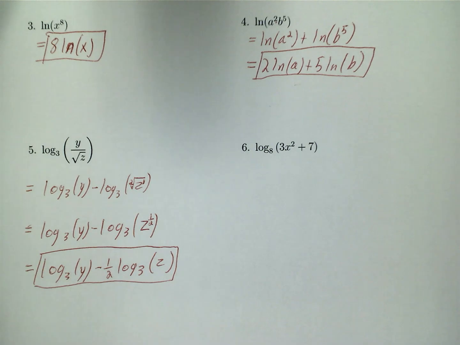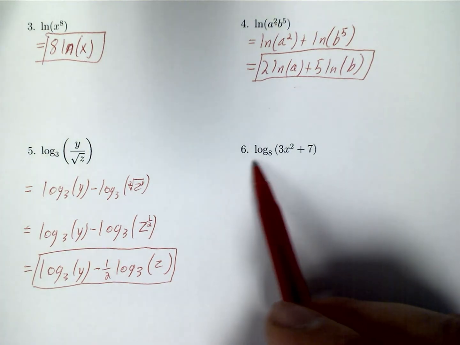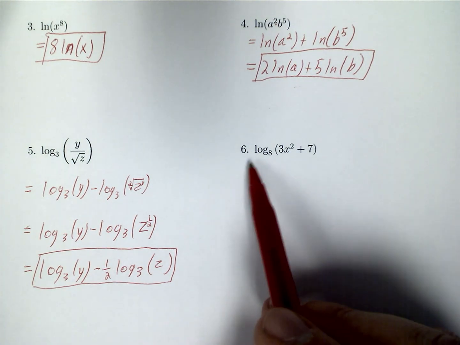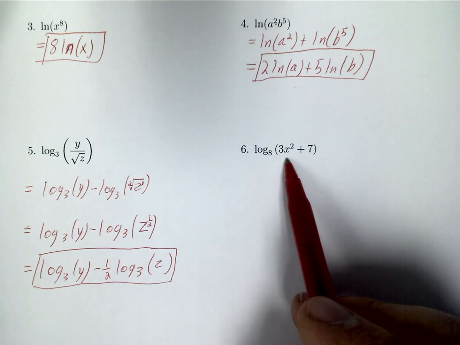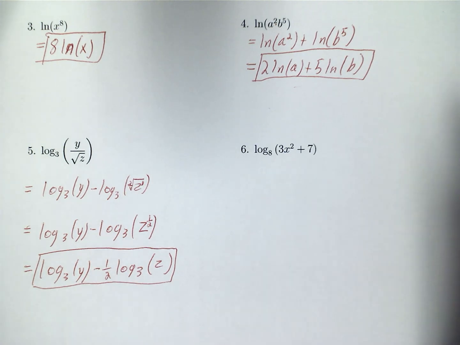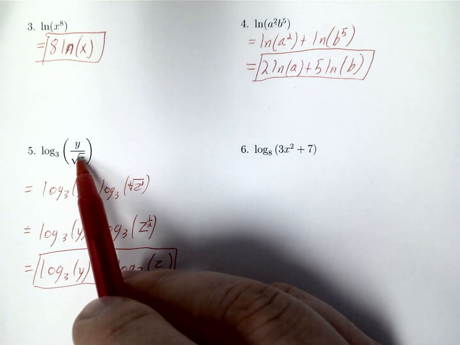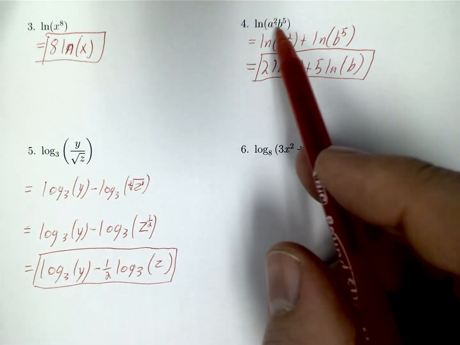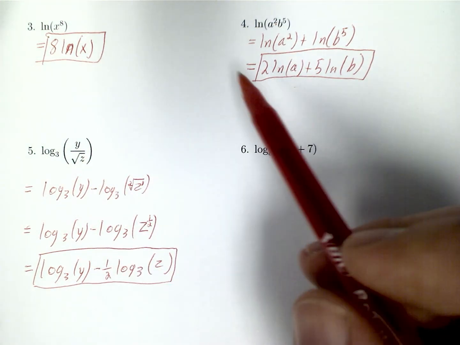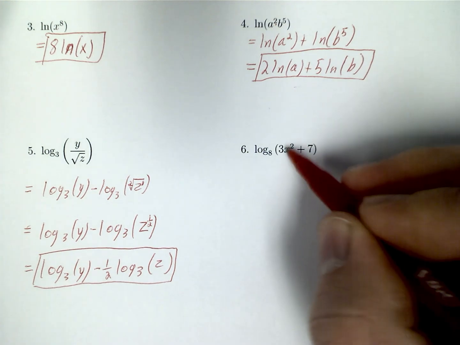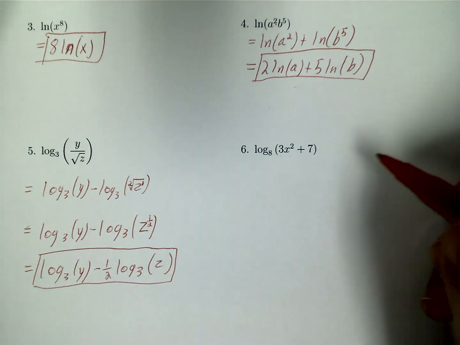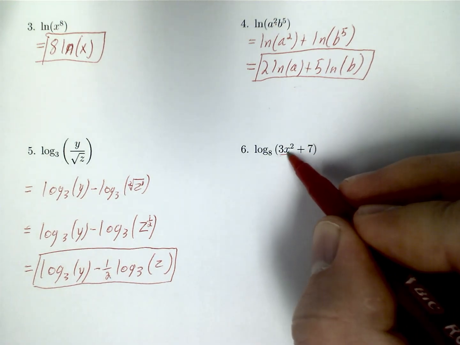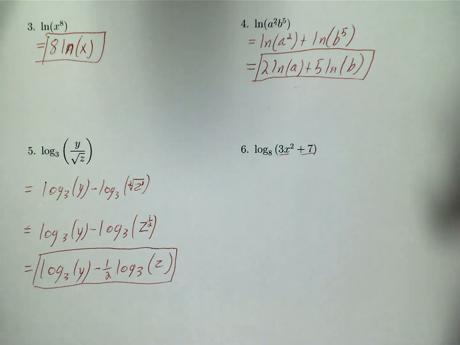And then number 6, we have log base 8 of 3x squared plus 7. What's interesting is that before, we had inside multiplication, inside division, and exponents. Here we have exponents, and I have multiplying 3 times x squared, but overall, I need everything to be multiplication, everything to already be factored.